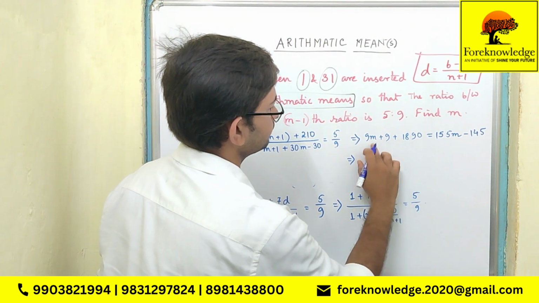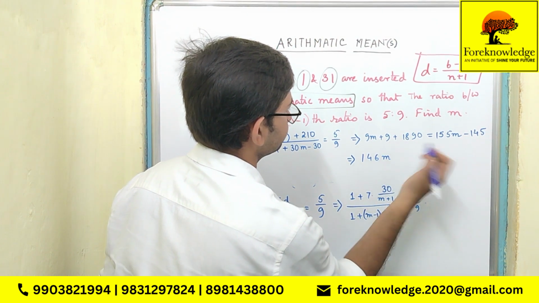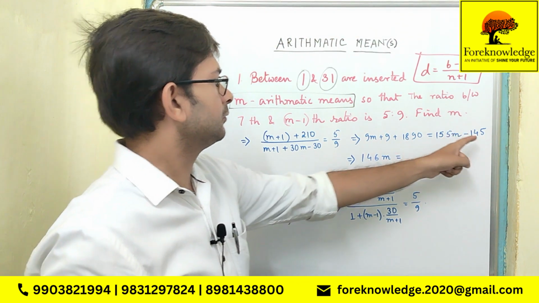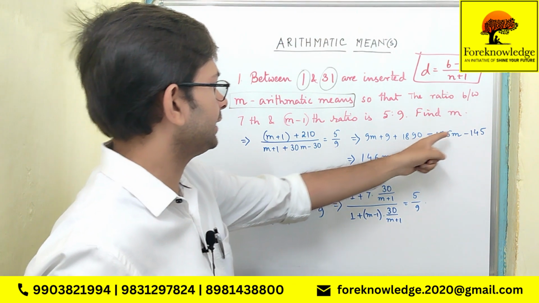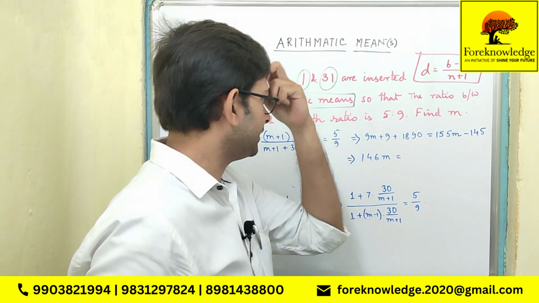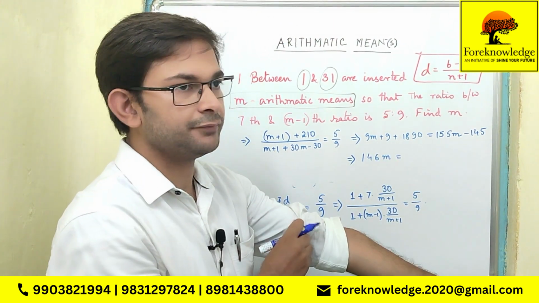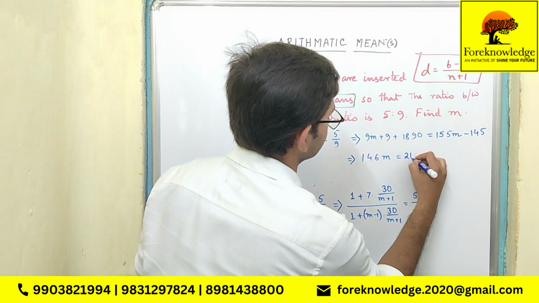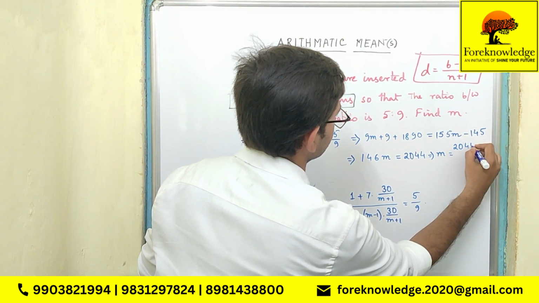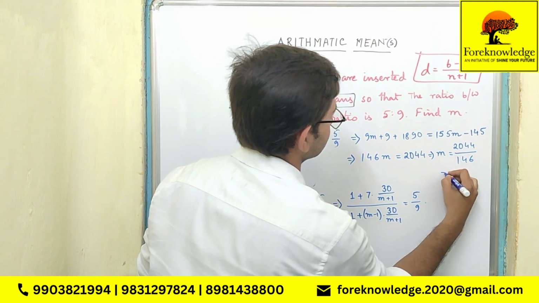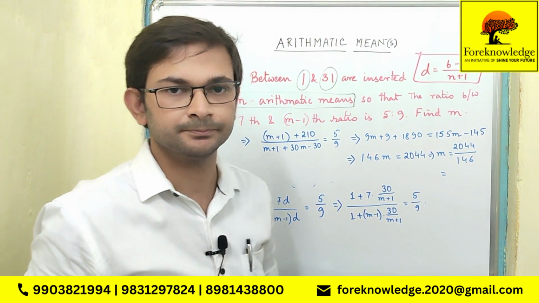So from here 146m is equal to, this one will come to this side, so 1899 plus 145. So 1900 plus 145 is 2045, so 2044. So from here m will be 2044 by 146. So what will be the answer?